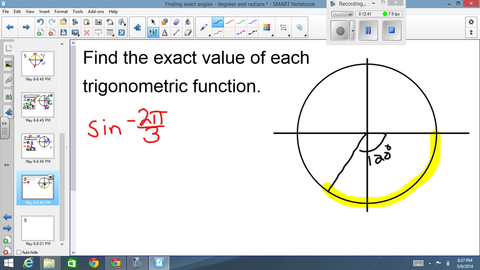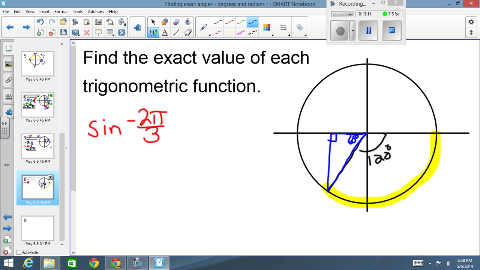But when I draw my right triangle, I go up to the x-axis. So this portion here has to be 60 degrees. Okay? Now the other way you could do that is, I drew that wrong, but you probably already know that pi over 3 is 60 degrees.